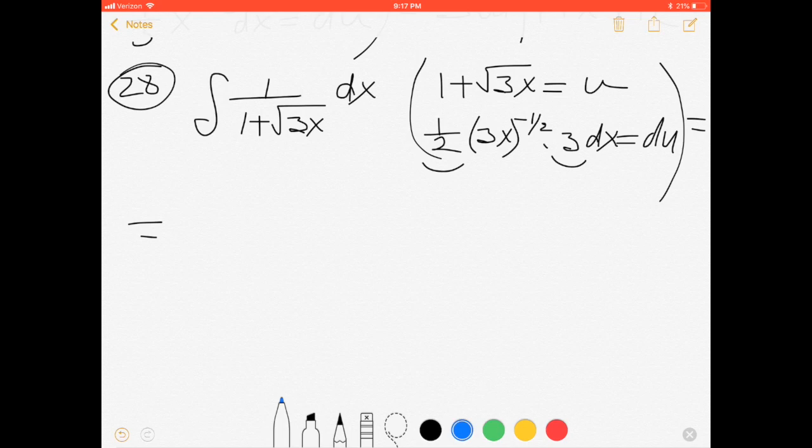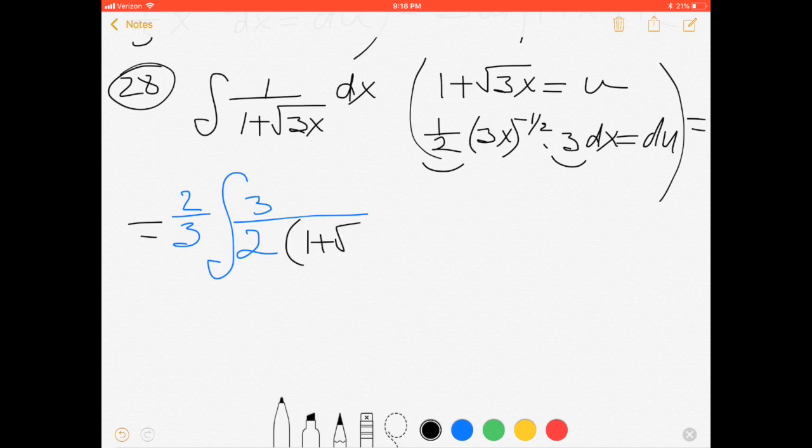I have 3 halves inside the integral, so I write 2/3 outside. Then I have what I had before, 1 plus square root of 3x.